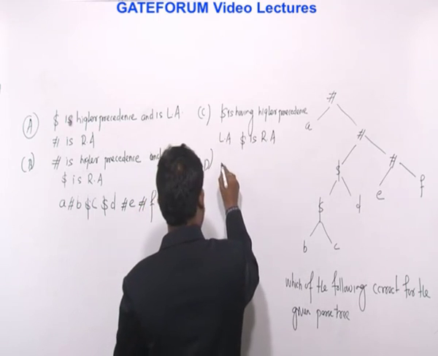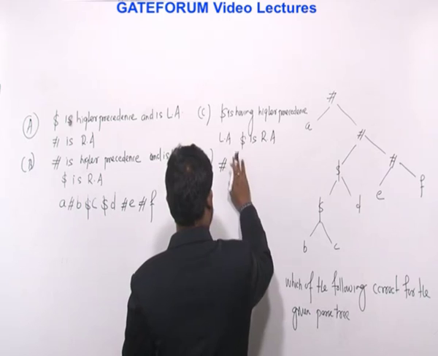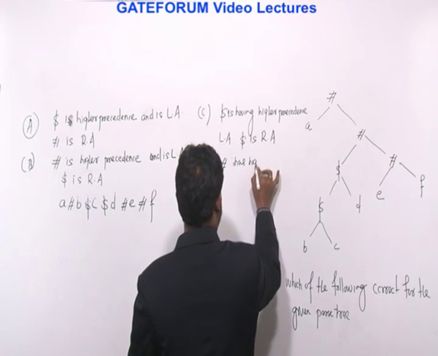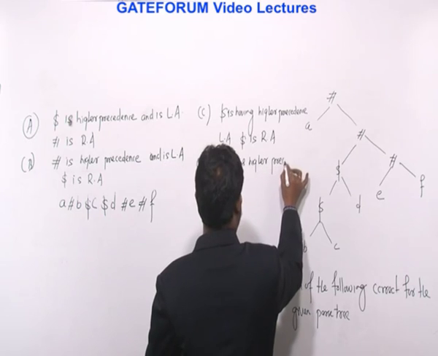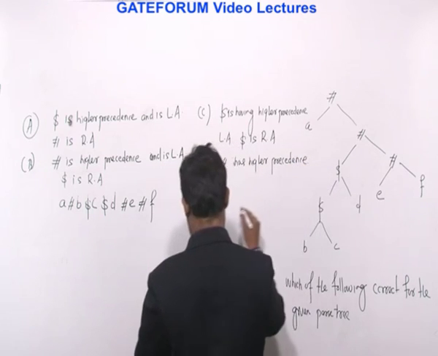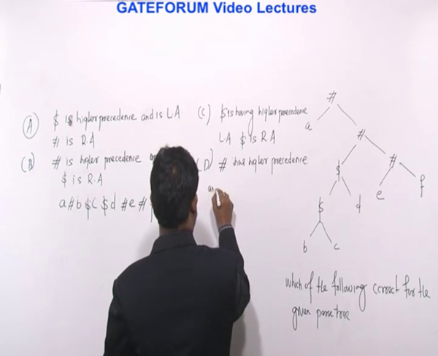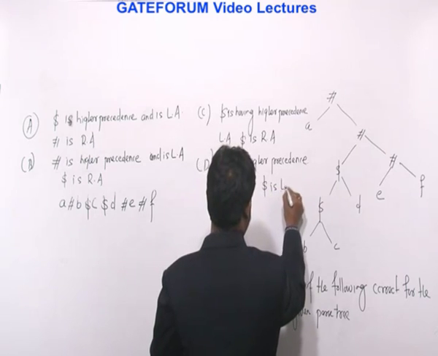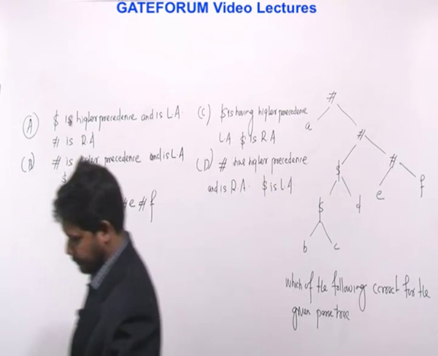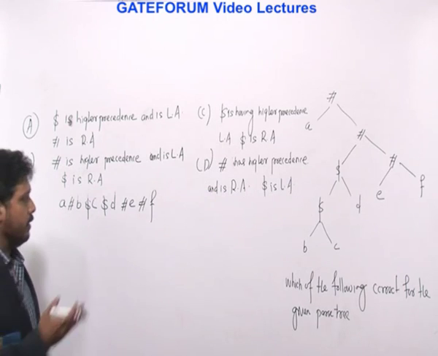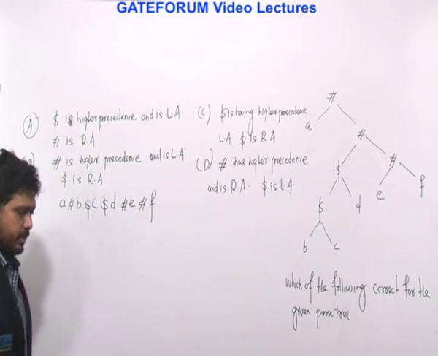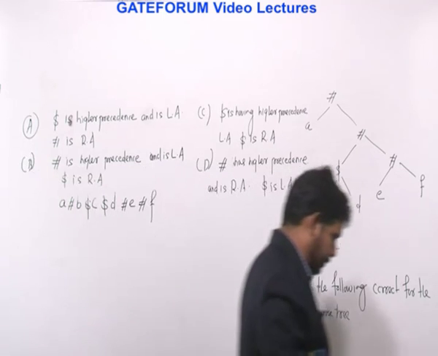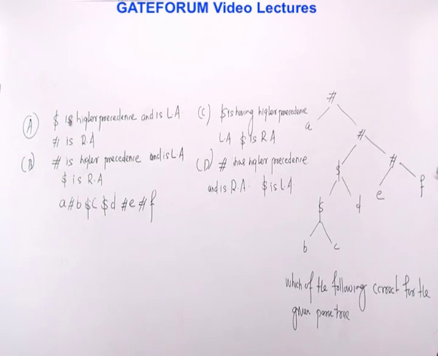Option D: hash has higher precedence and is right associative, dollar is left associative. This is the question, and the question is, is it sufficient? Do we have sufficient information to conclude some results? If I have a random parse tree, I don't have a grammar, but I have a parse tree, is it sufficient to conclude something?